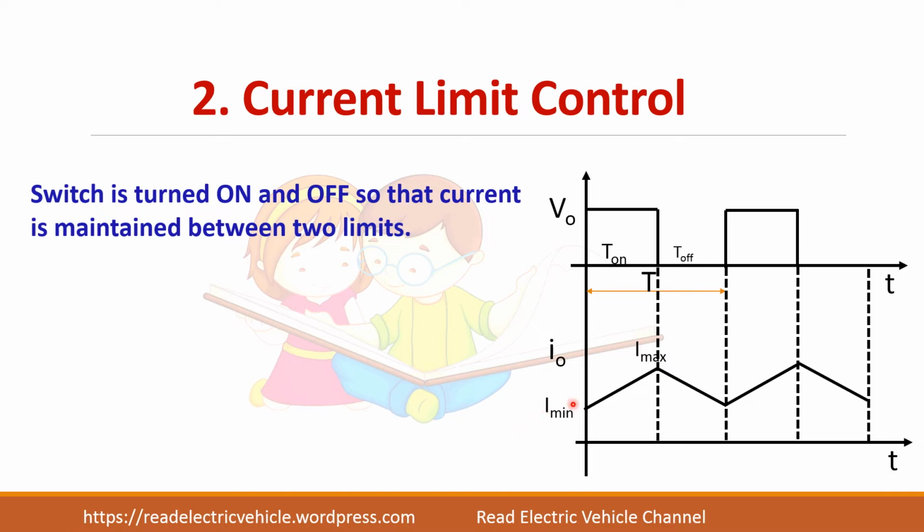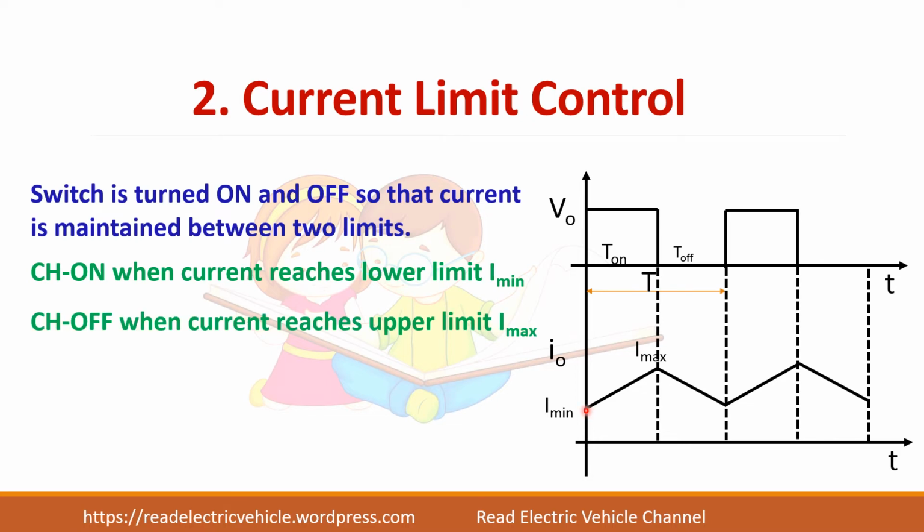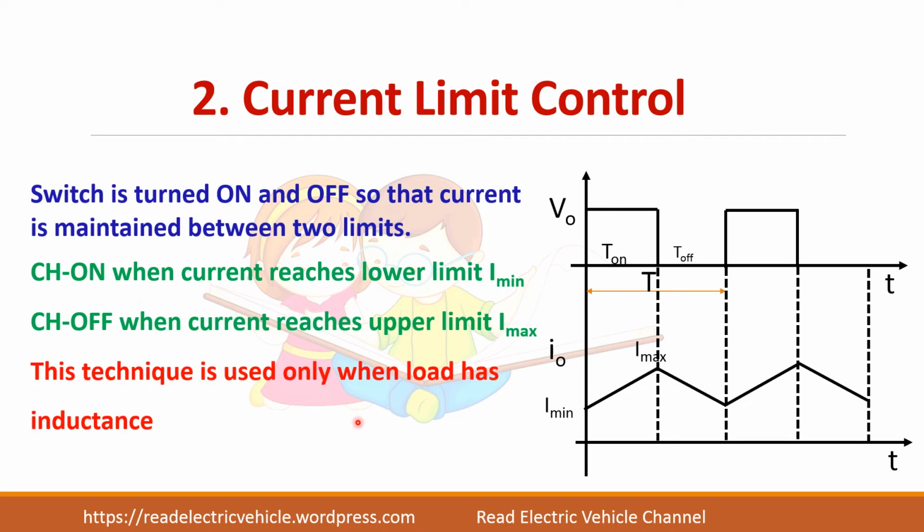When the current reaches I minimum, the switch will be turned on, and when the current reaches the maximum value, the switch will be turned off. Again when it reaches the minimum value, it will be turned on. So based on these current limits, it is turned on and off. So it is called current limit control. This technique is mostly used in drives.